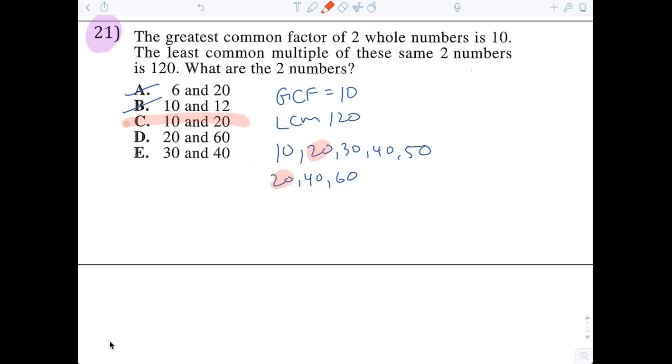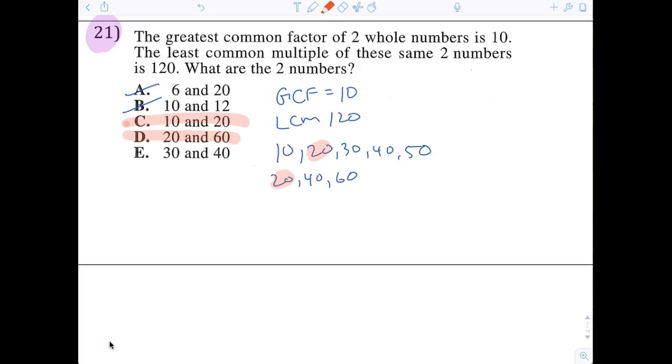So now C is out. For D, is 10 the GCF? D, the greatest common factor is 10. No, what's the greatest common factor? 20. So that's out. So the answer had to be what?